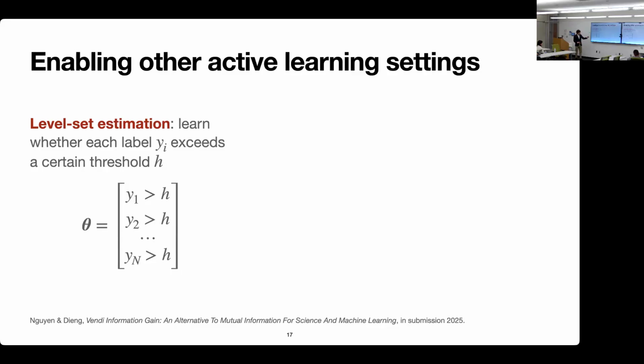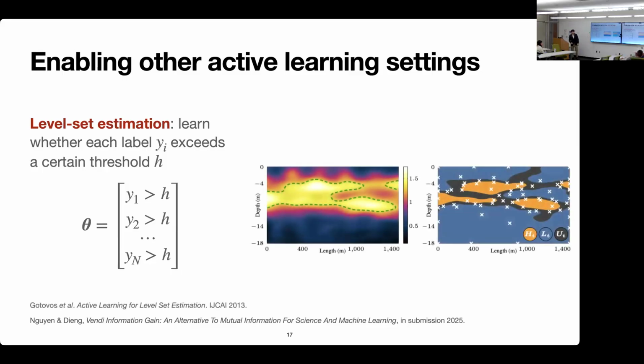So here, the random variable theta that you want to gain information about is this very big binary vector that indicates whether each label exceeds a certain threshold or not. And this level set estimation has a lot of applications in environmental monitoring, where you want to say, oh, I'm looking at this very huge lake, and I want to find regions where the toxicity level exceeds some human safety threshold.